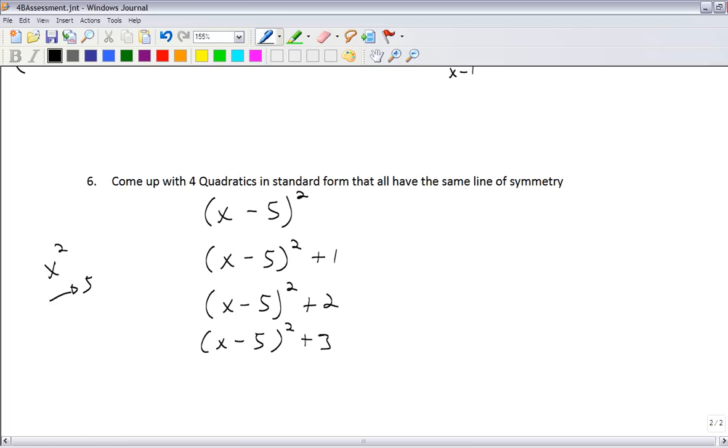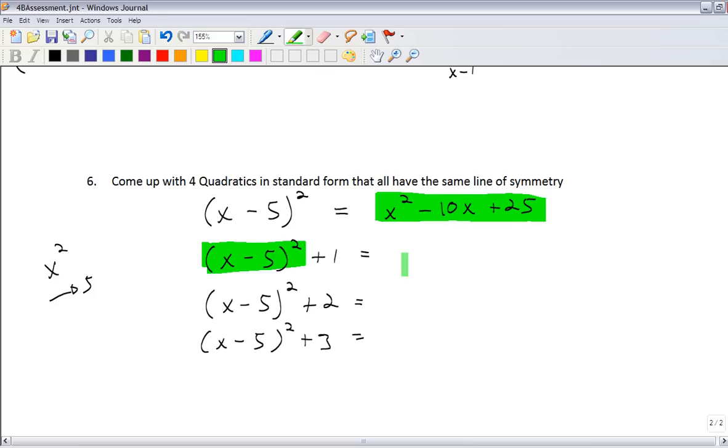So, same line of symmetry. So if you multiplied this out, this would be x squared minus 10x plus 25. Well, this is the same as that, right? So you're just going to add 1 to it. So the green plus 1 is x squared minus 10x plus 26. Same.